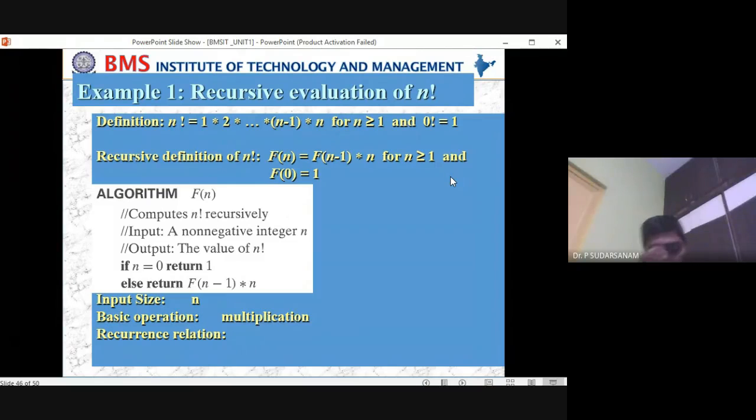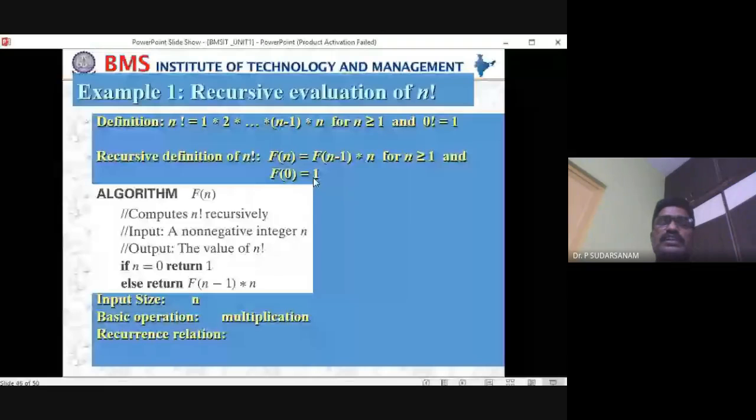Put n equal to 3, 4 or n, or 20, 50, whatever it may be. This is the recurrence relation. This is the definition, no need to write it. I just reminded you how to write the equations. Here we have written first f of 0 is equal to 1. With these two statements your algorithm is over.